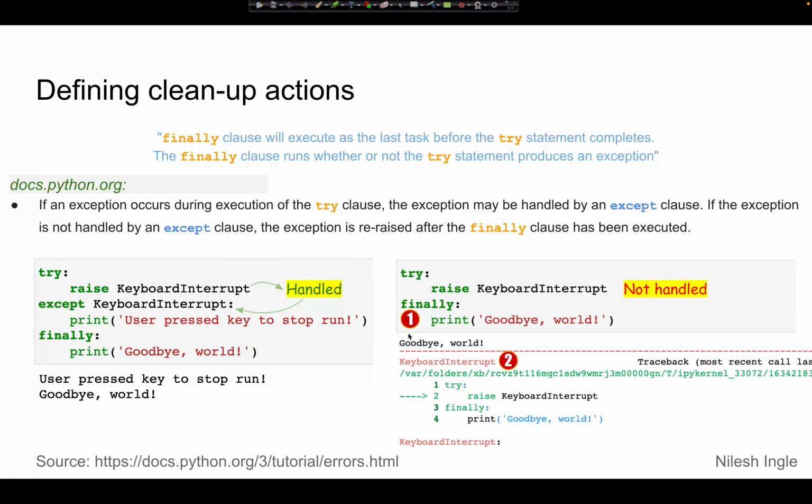Down here, we see that goodbye world is printed first, and then the traceback for the keyboard interrupt follows. So the point to note is, if the error is handled, it is a priority and it's done before finally. If it's not handled, then the finally block runs first, and the traceback for the error follows after that.